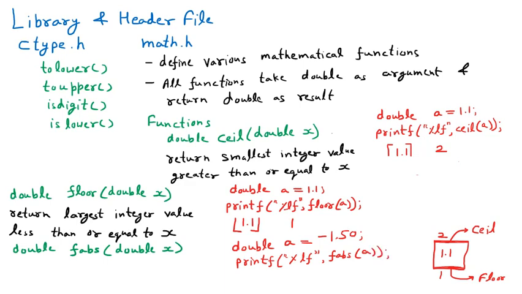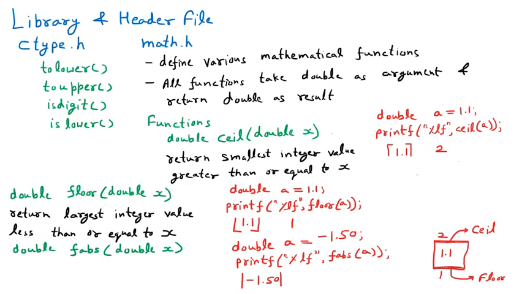In mathematical terms, we represent the absolute with double bars. We are saying bar minus 1.50, then again bar. By this piece of code we are going to find the absolute of a, and the value of a is minus 1.50.